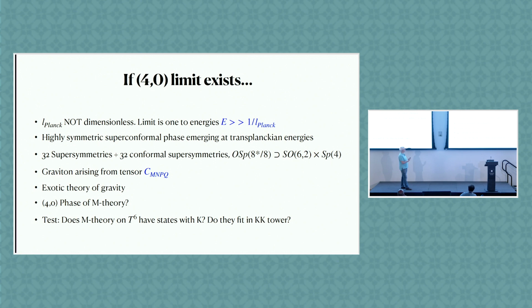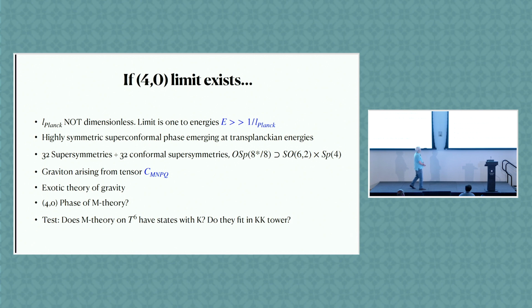And a key question is whether there's a 4,0 phase of M theory. And so a key question here is whether there are states in M theory compactified on T6 which carry this charge K, and secondly, do they fit into a Kaluza-Klein tower? So this gives a test which can be asked within M theory, which is whether there are BPS states of this form which carry this charge, and secondly, whether they fit into a Kaluza-Klein tower.